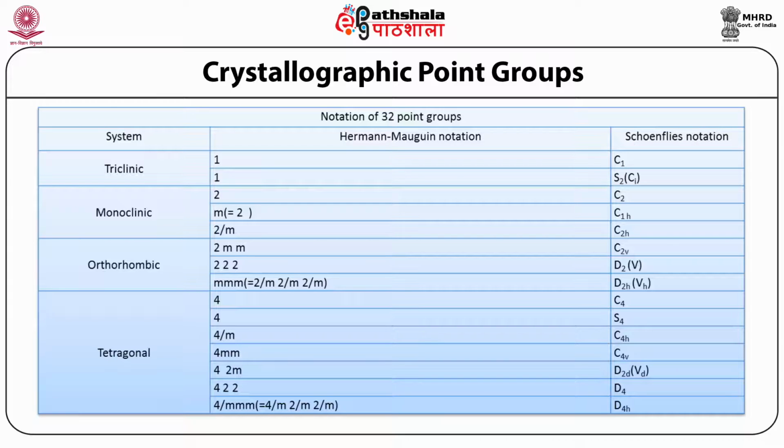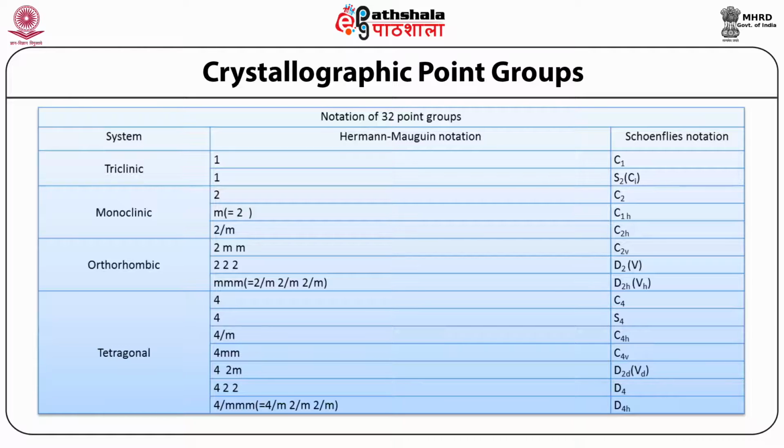Corresponding to it, Schoenflies notation is capital C subscript 4, then 4 bar under HM notation. Corresponding to it is Schoenflies notation, which is capital S subscript 4, then 4 by m under HM notation.